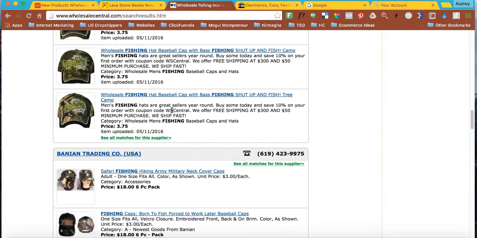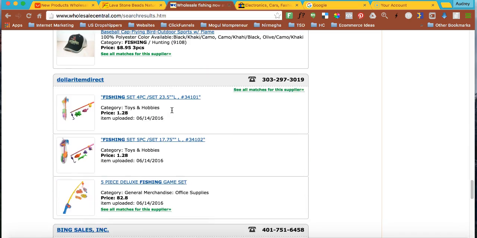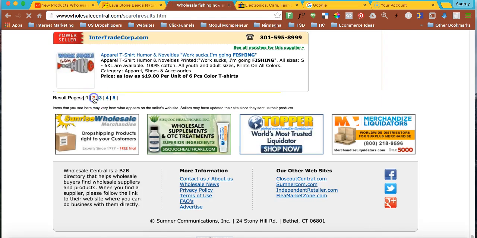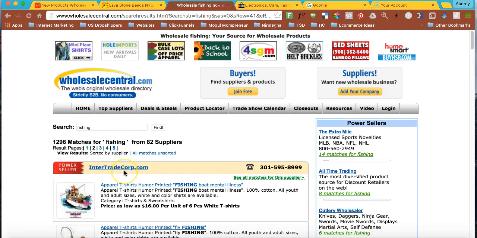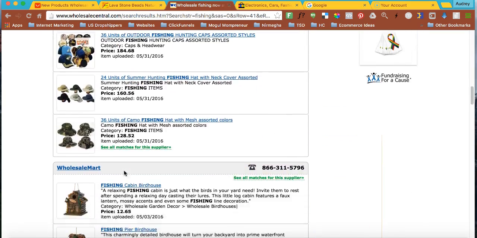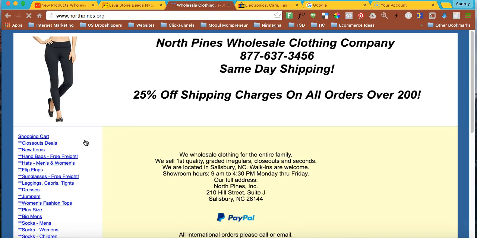Okay. And it ranges. I mean, there's hats, there's shirts, there's little trinkets, there's all sorts of stuff. And each of these are different suppliers. And so if you saw something of interest, let's say this bucket hat was of interest, then you just click on the supplier, and you'll notice that this supplier is here in the US, but they sell other products as well.